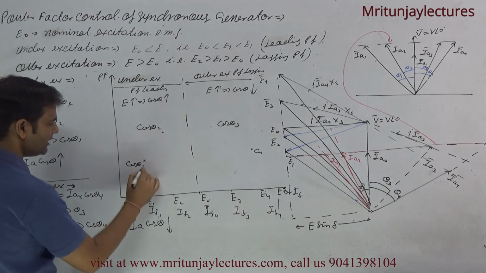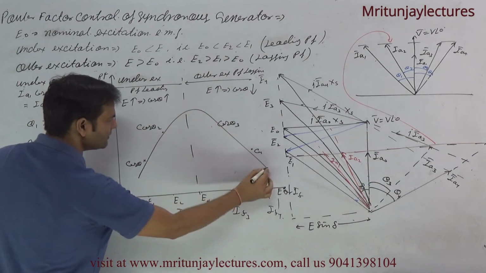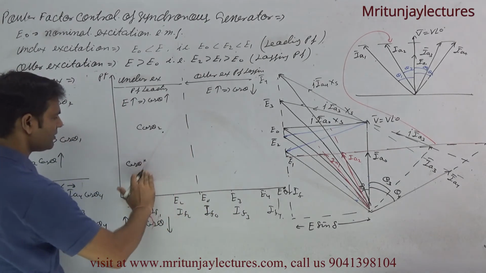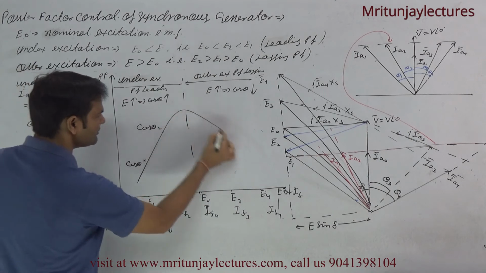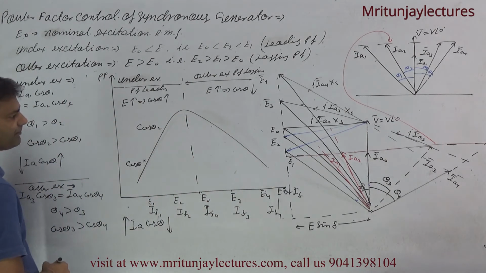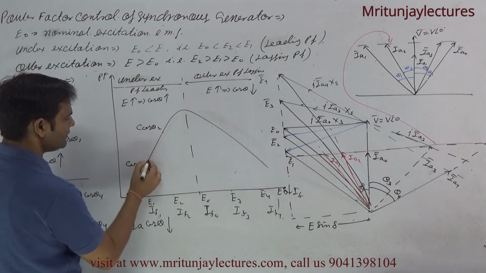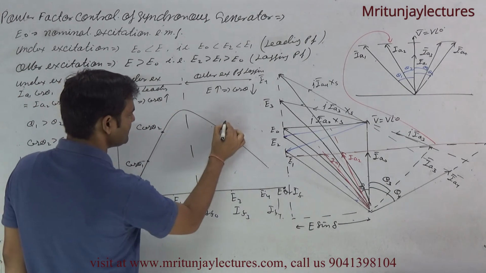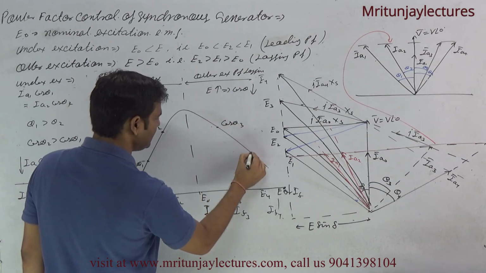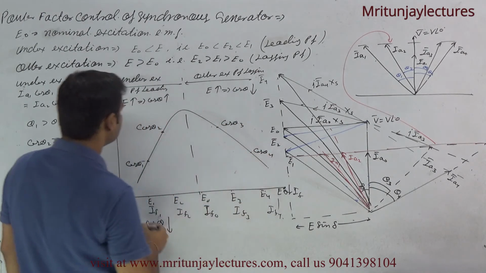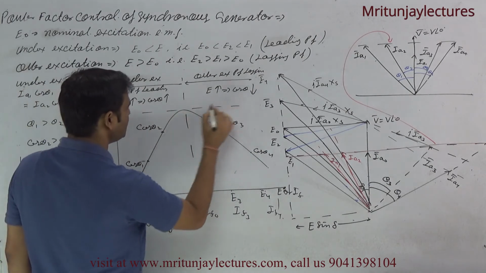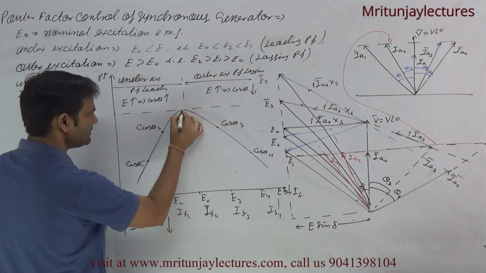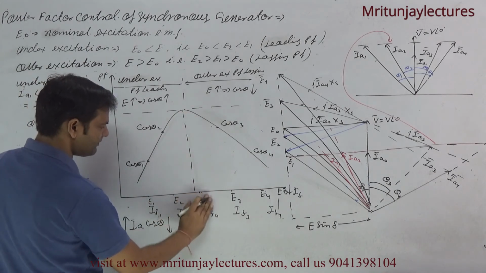Okay, you make it like this. Theta 1 corresponding to theta 2, corresponding to cos theta 3, and corresponding to cos theta 4, and this one, that is UPF.